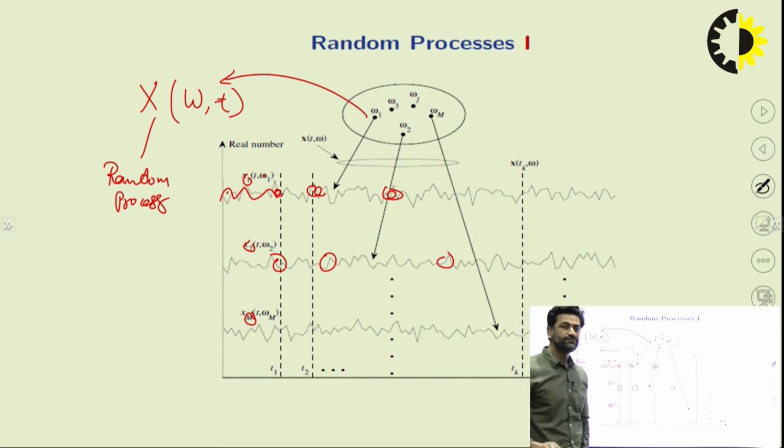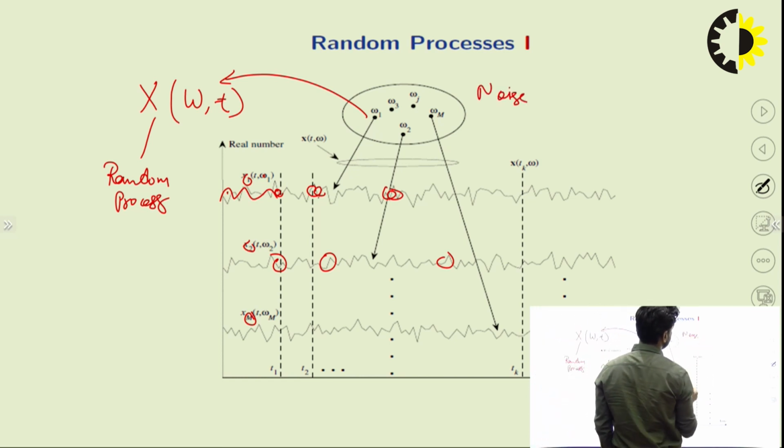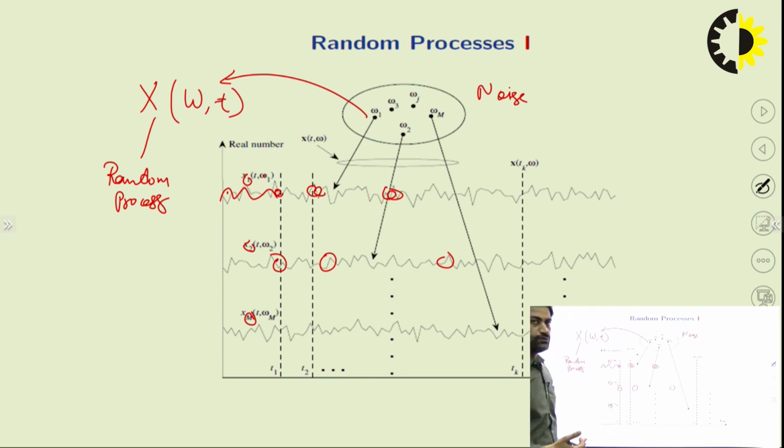So, our noise will also change with respect to time. We have to consider that noise is a function of time also. So, we have to do this random process. The characteristics and classification of random processes will help us to find out the behavior of the noise signal.